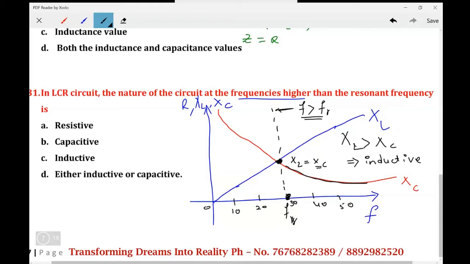Suppose your frequency is less than your resonant frequency. That means if your frequency is less than resonant frequency, and you observe neatly, here the capacitive reactance value is higher, whereas the inductive reactance value is lower. So you can see here and write XC is greater than XL, which means the circuit behaves as what now?